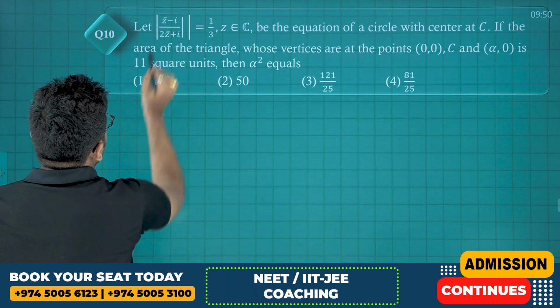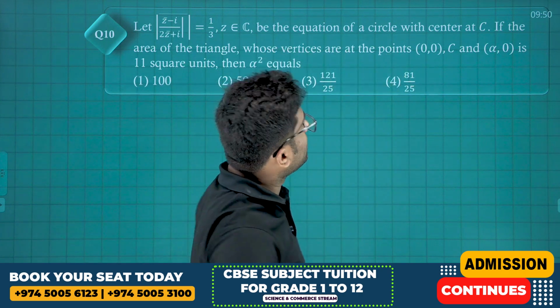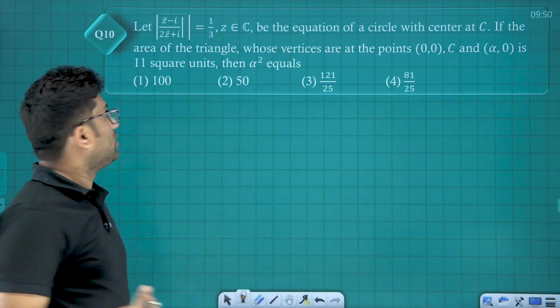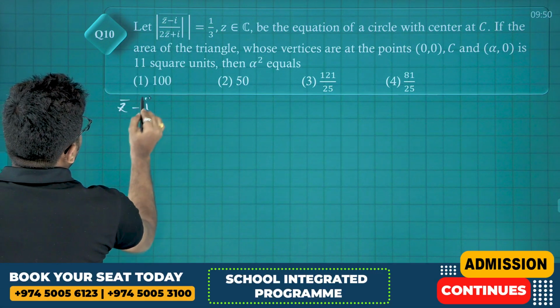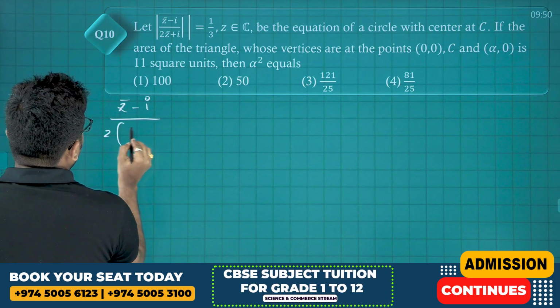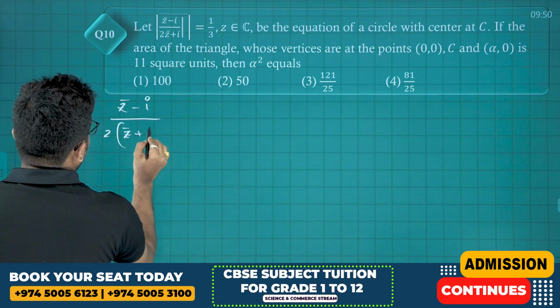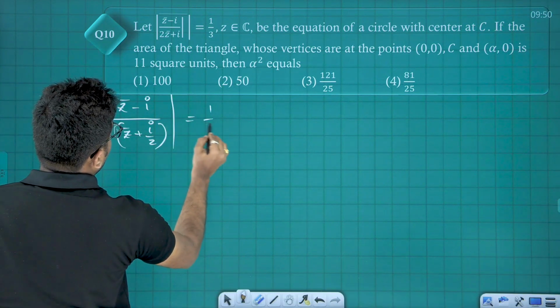Suppose it is z bar minus i, z belongs to C, be the equation of a circle with center C. To get the equation of the circle, first, this is z bar minus i divided by, we'll take 2 out. If I take 2 out, this is z bar plus i by 2 whole, equals 1 by 3.